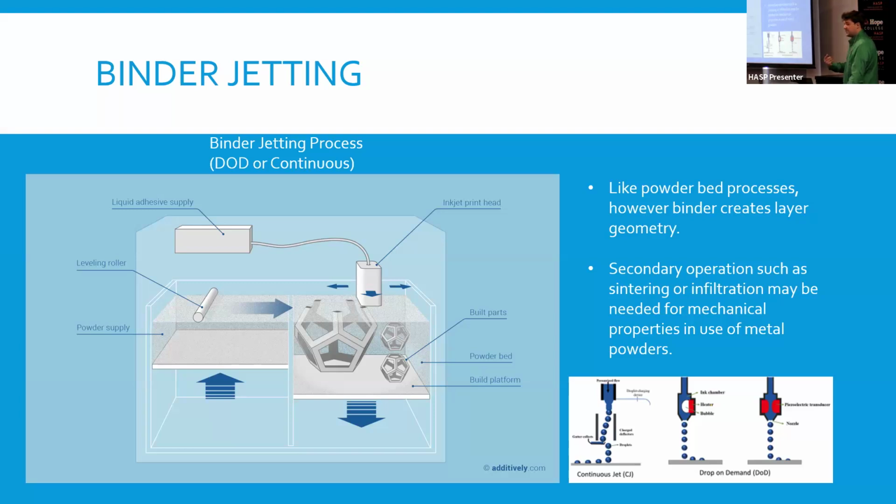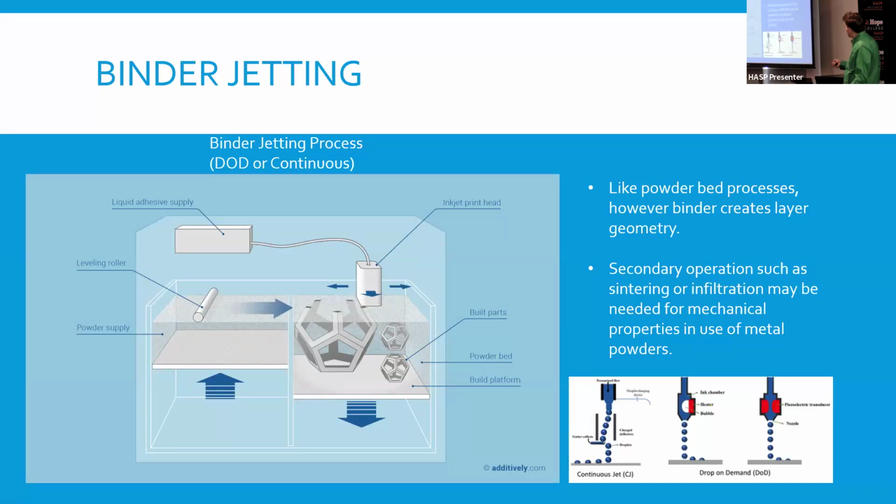So it holds up your binder, and whenever you want to drop it, it releases it through the use of pressure, holding it in. With continuous, it's a continuous flow. However, you're diverting that flow. So you have a little bit more control with your drop on demand on where it's at rather than your continuous.